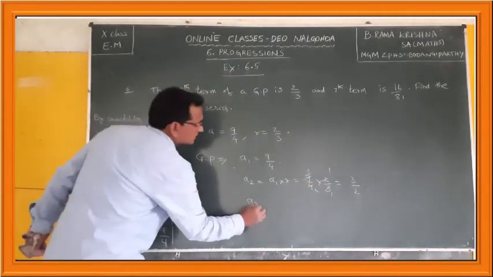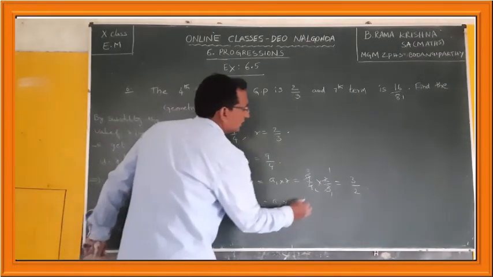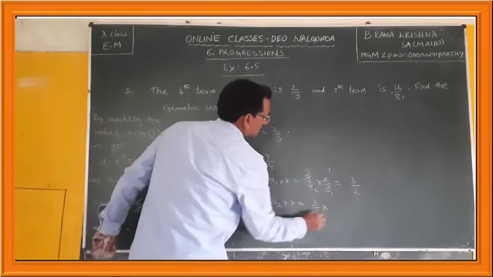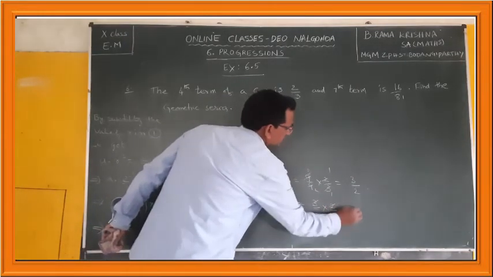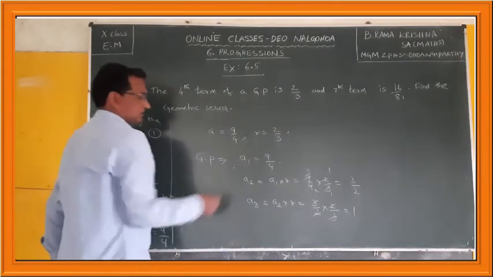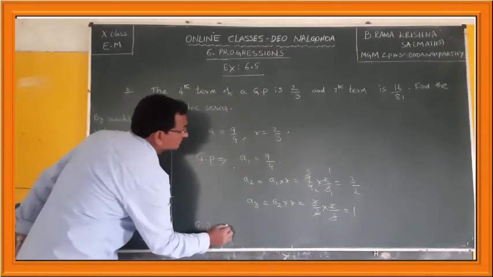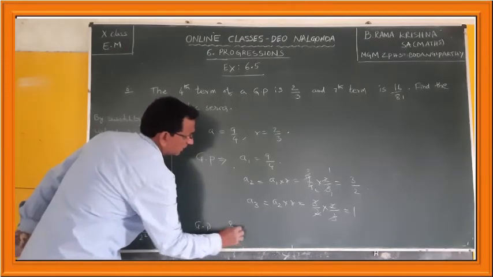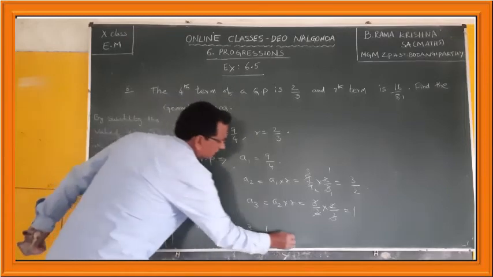Okay, A3 is equal to A2 into R, which is 3 by 2 into 2 by 3, 2 gets cancelled, 3 gets cancelled, 1. So A3 is equal to 1. So therefore, we can write GP as 9 by 4 comma 3 by 2 comma 1 and so on.